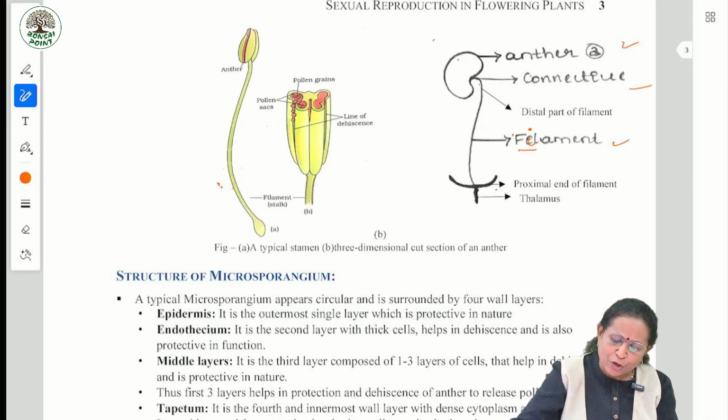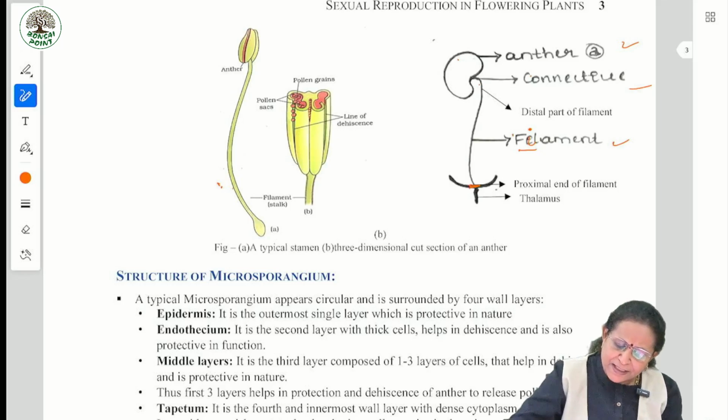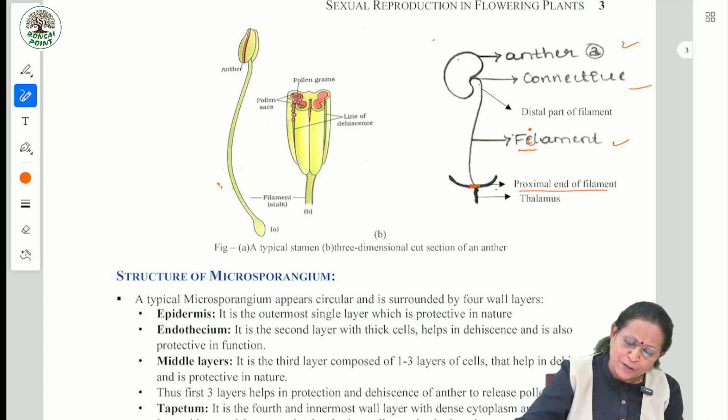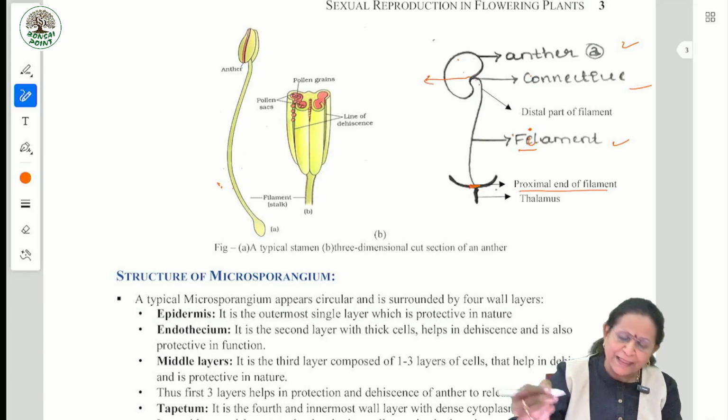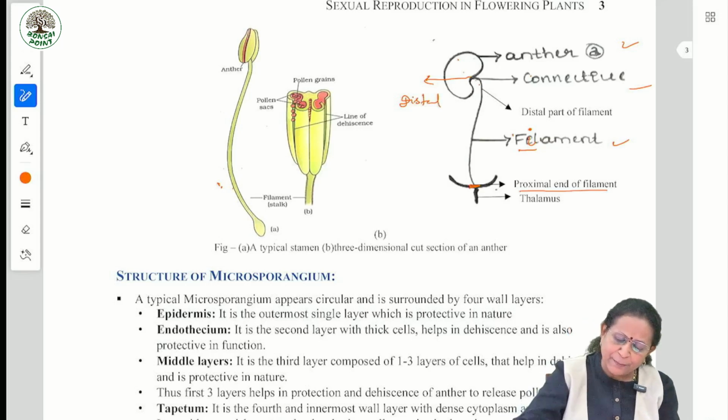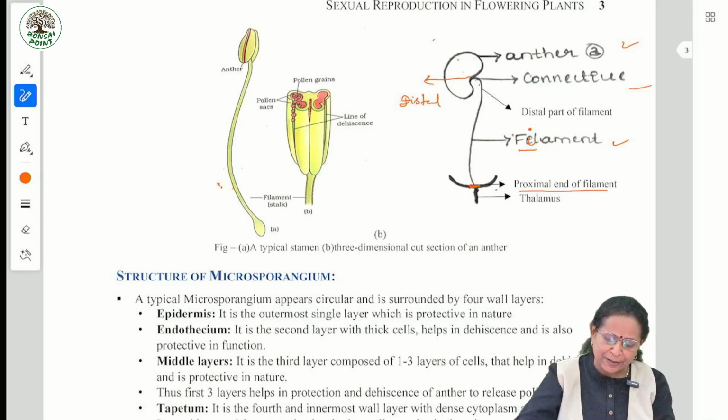This is a long stalk-like structure which attaches to the thalamus. This region is said to be proximal end of the filament, whereas opposite to that is this end which attaches to the anther. This is called distal part of the filament. Thus, we see 3 parts: filament, anther, and connective.